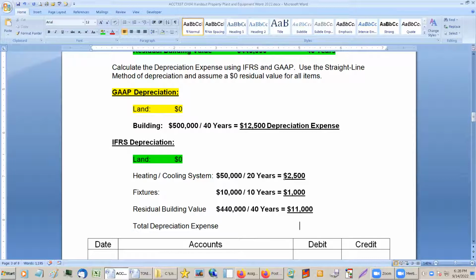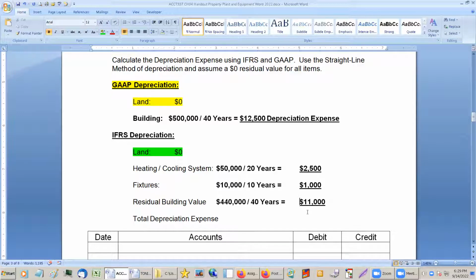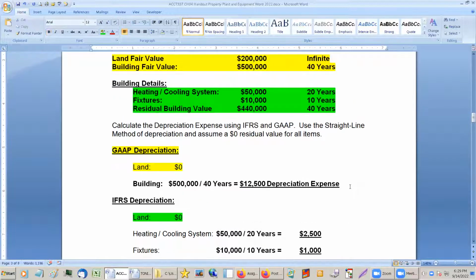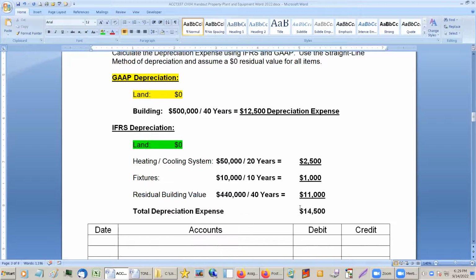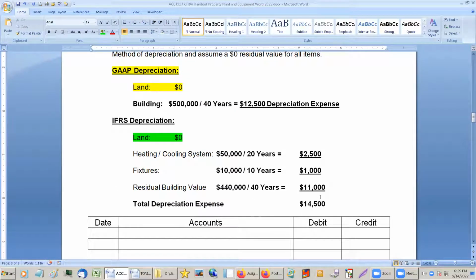So depreciation expense is going to be 14,500. So this is what it'd be under IFRS, it'd be 14,500.